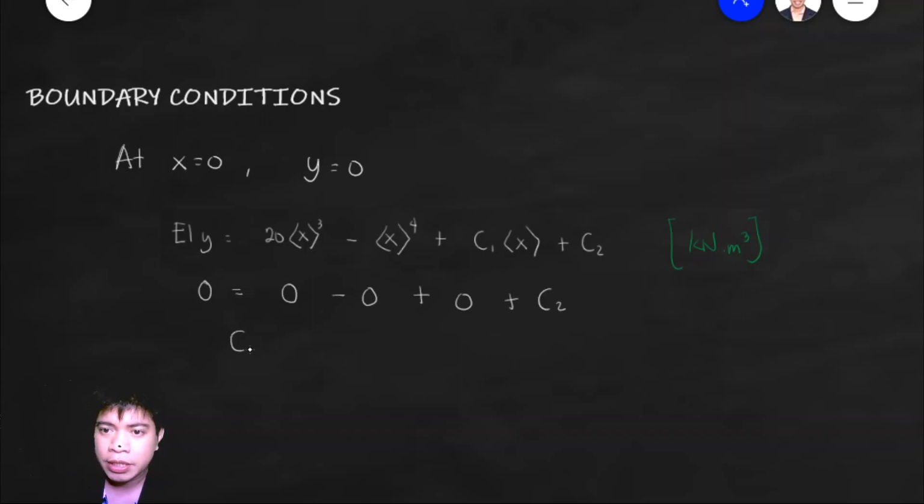Therefore, C sub 2 is equal to 0. Okay? So we got C2, and the remaining problem is C1. We need another boundary condition, so let's go back to our beam and look at the other support.